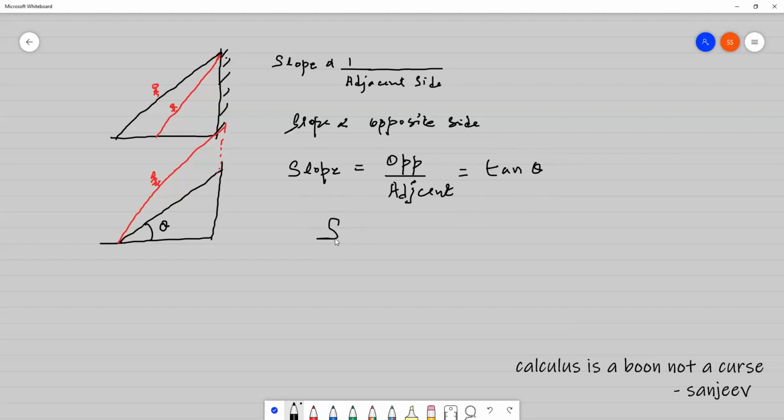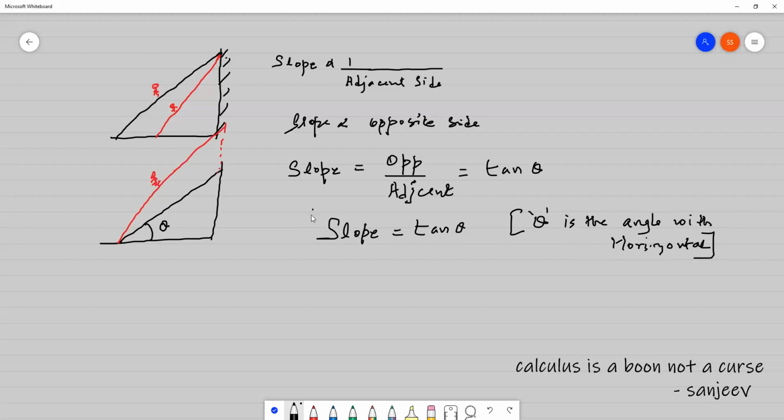So we have come to that slope is equal to tan theta, where theta is the angle with the horizontal. Mostly we say with the x-axis.